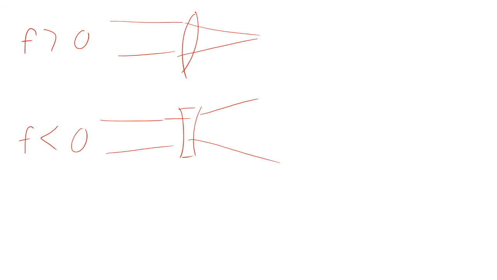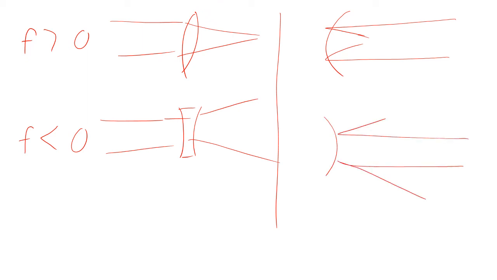a concave lens. Compare that to mirrors. For a mirror, a concave mirror is going to have a focal length that's positive, and a focal length that's negative is going to be a convex mirror.